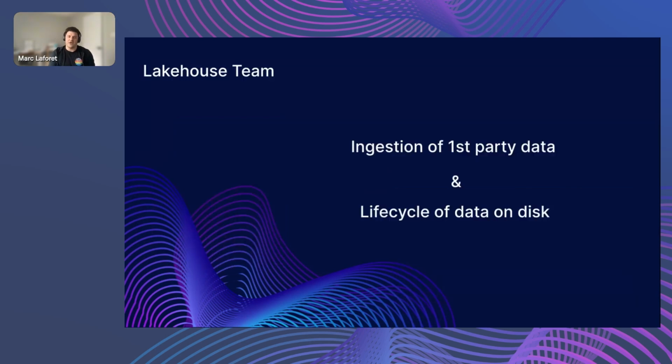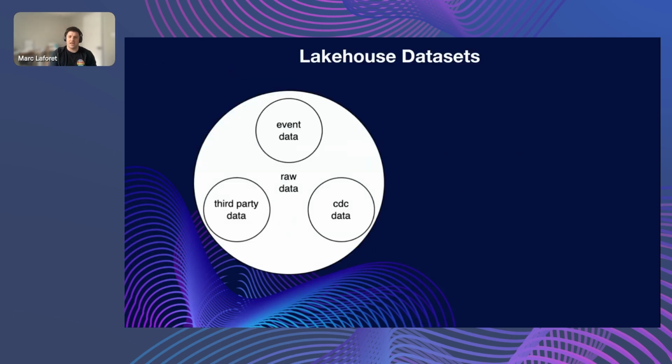So let's start off with some context. I'm on the Lakehouse team at Shopify, and we have two generalized mandates. We are mandated with ingesting all our first-party data, but we're also in charge of the lifecycle of data on disk. And so I'm focusing on the storage layer, the lifecycle of data on disk.